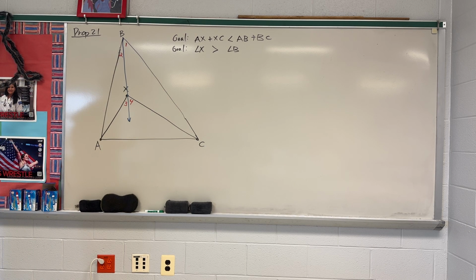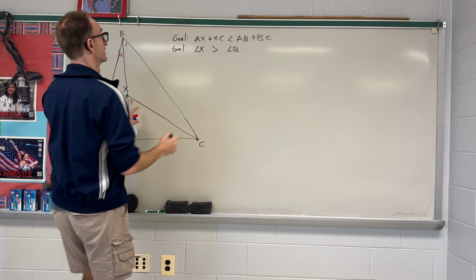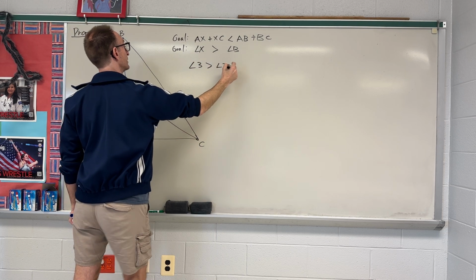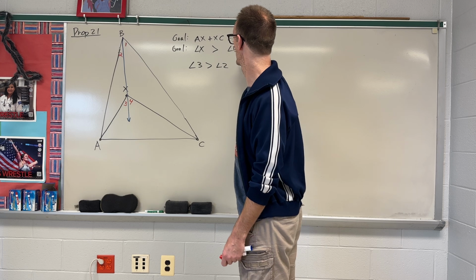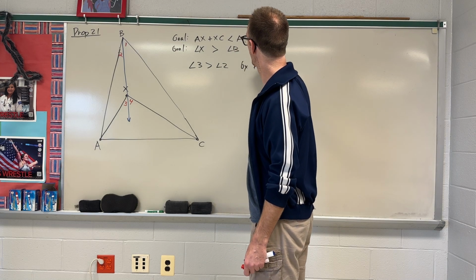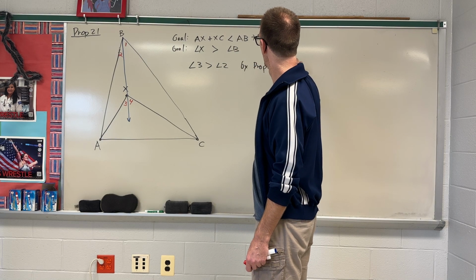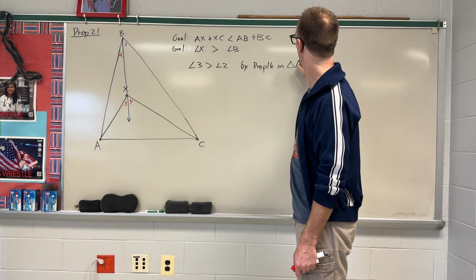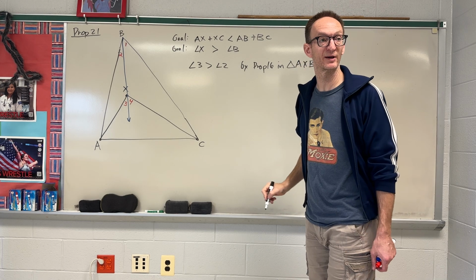Who's with me? Okay, fact, apply the exterior angle theorem in triangle BCX. Oh yeah, and that means that 3 is greater than angle 2. Reason, Prop 16 exterior angle theorem in triangle AXB. Can I get some vigorous head nods?